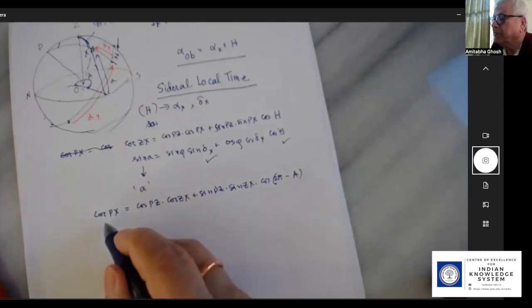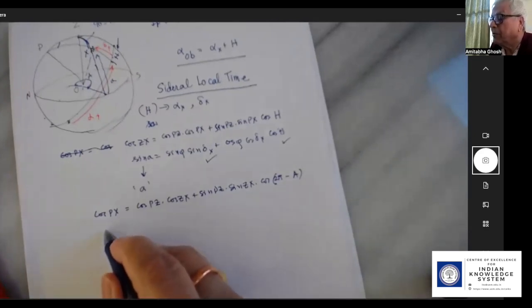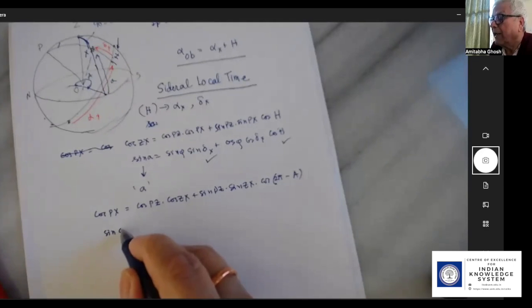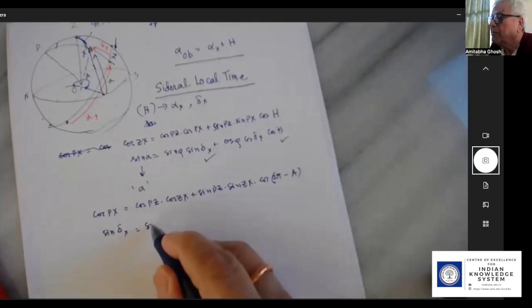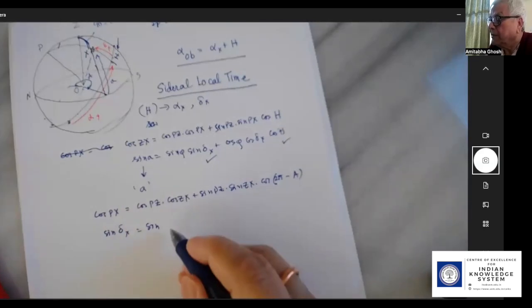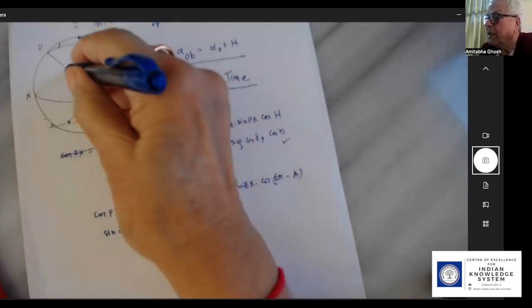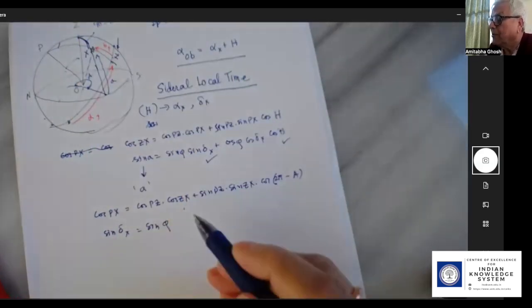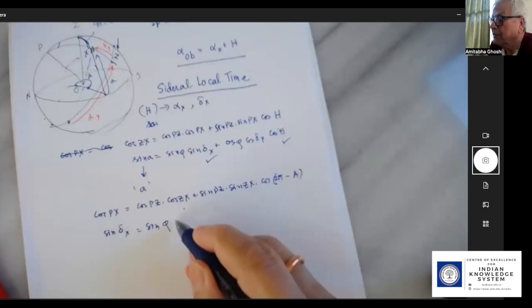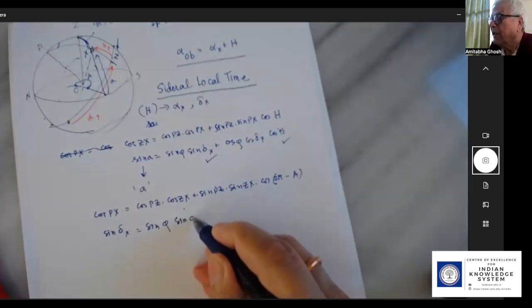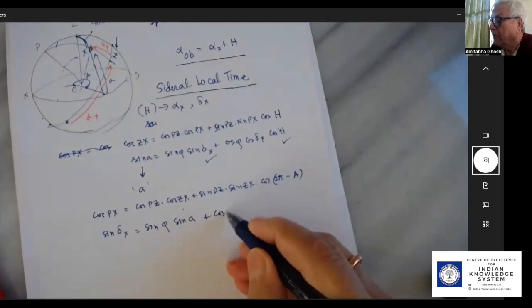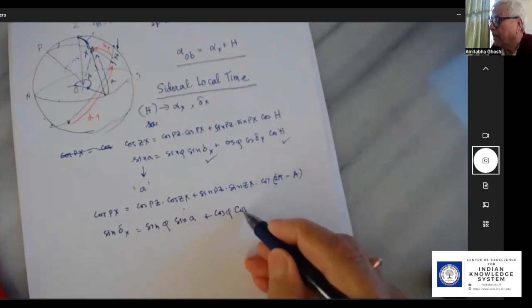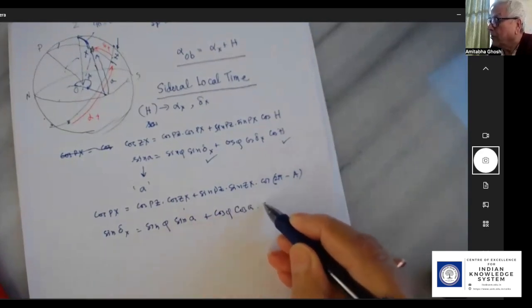So cosine Px is sine delta x, sine Pz is sine phi, this is 90 degrees minus phi, cosine Zx is sine A, plus cosine phi cosine A into cosine.